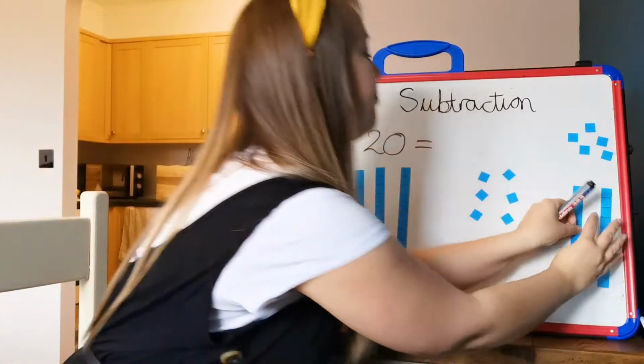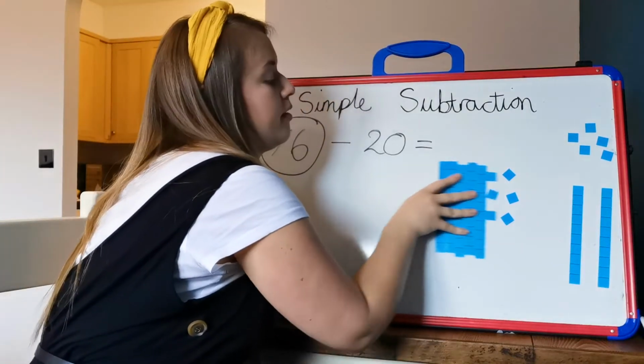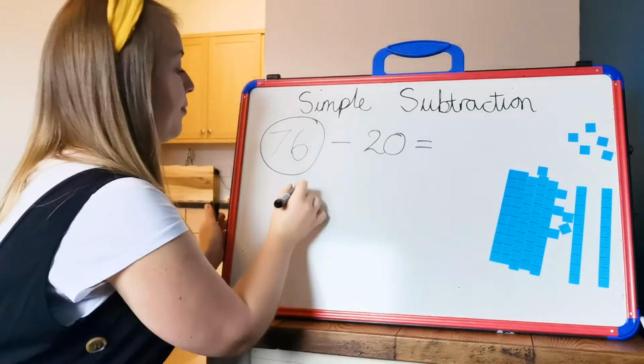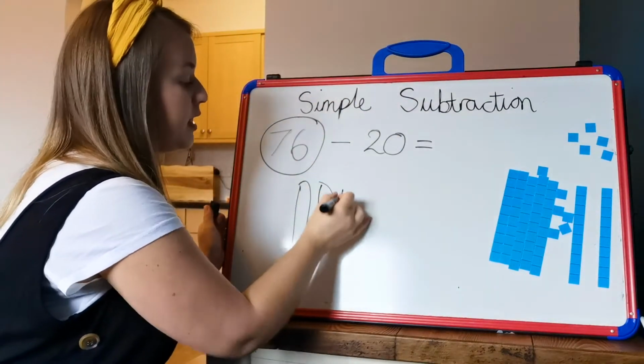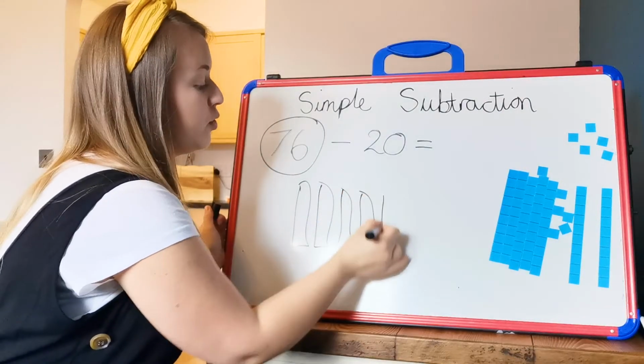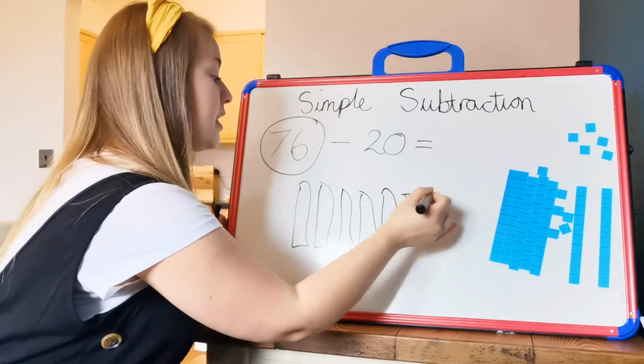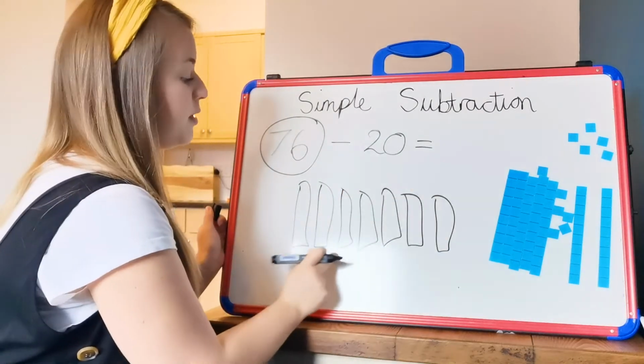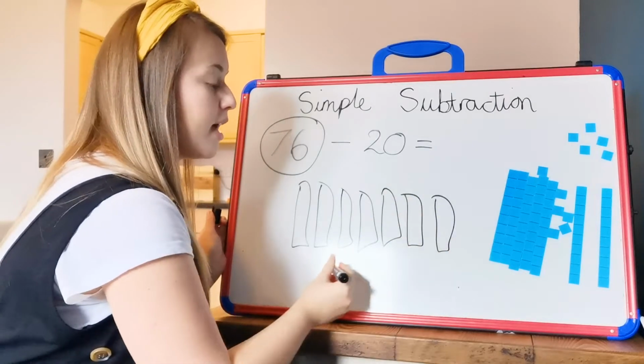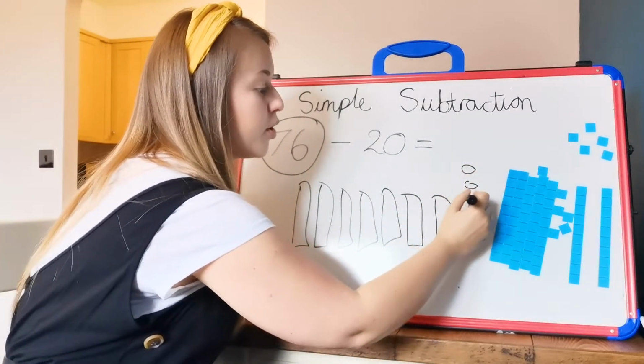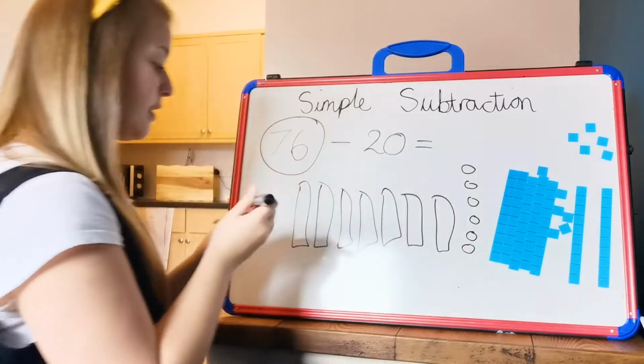So 76: 10, 20, 30, 40, 50, 60, 70, and then I need my 6. 1, 2, 3, 4, 5, 6.